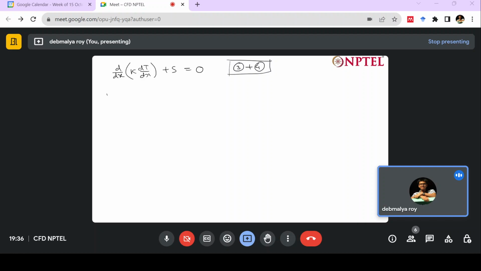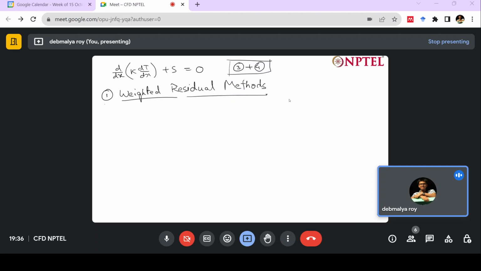So what are the methods that we use? One is the weighted residual methods. So what are the weighted residual methods?